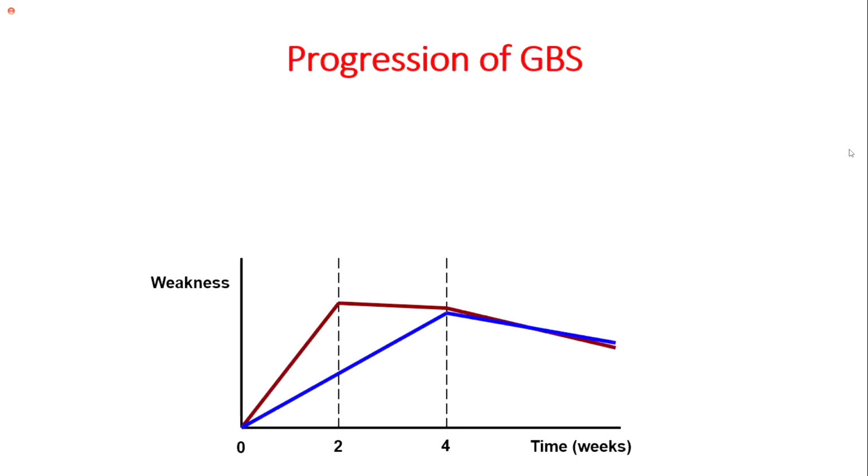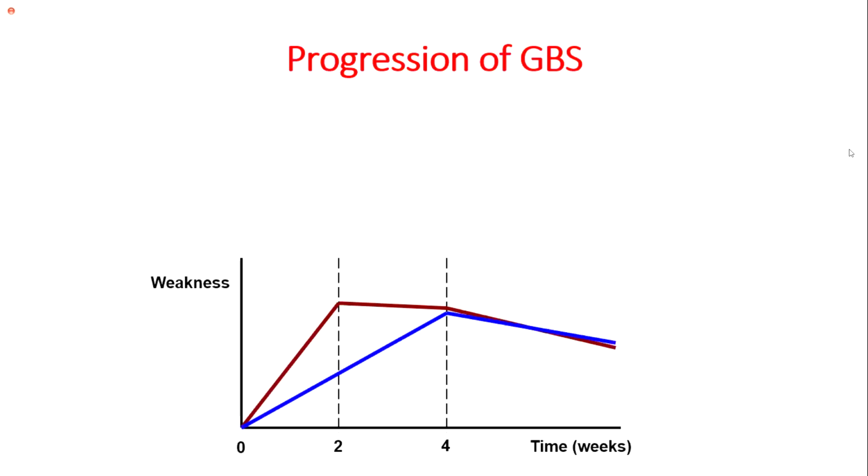In the first 2 weeks, the patient can develop respiratory paralysis and die. The patient can develop autonomic dysfunction and die. So never discharge a Guillain-Barré syndrome patient before 2 weeks. Is that clear? Okay. Because you know the majority of them will continue to progress up to 2 weeks.